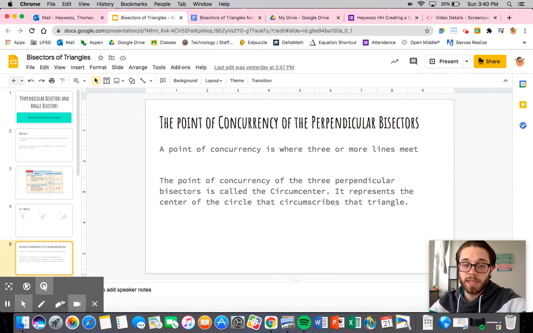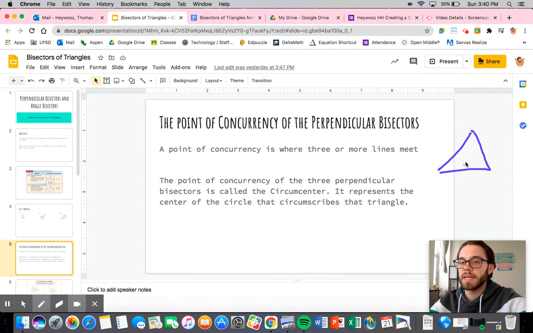So when we're dealing with triangles, if I did the perpendicular bisector, I'm going to get something like this, and then maybe something like this, and then something like this.